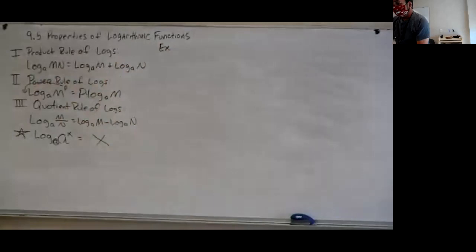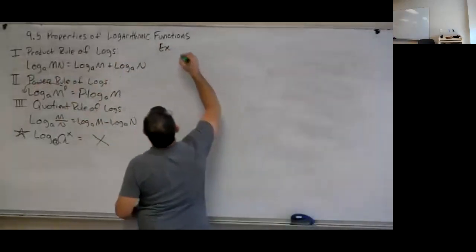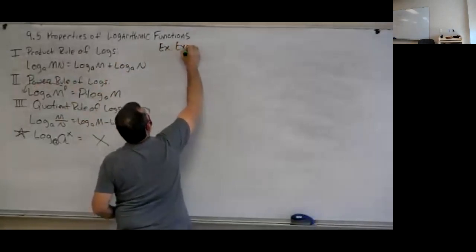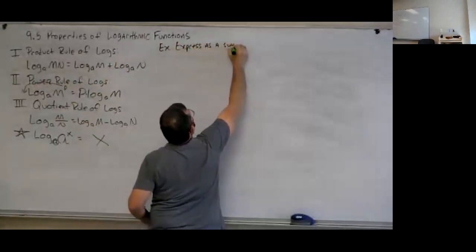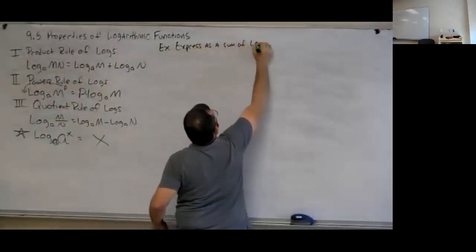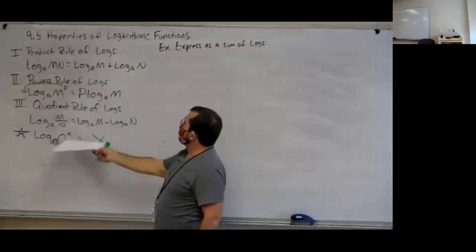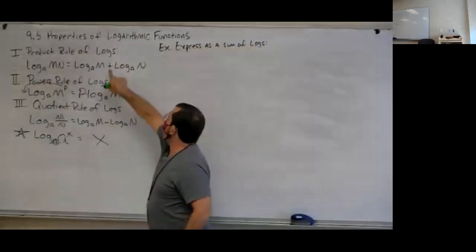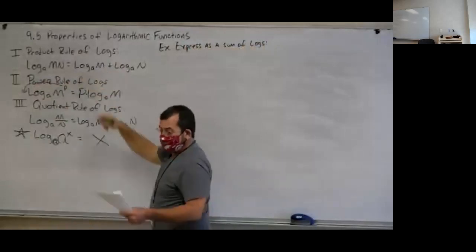So the first couple problems want me to express as a sum of logarithms. Let me look at these. Now, these properties I just gave you, only one of them has anything being added. So it's going to be something that looks like this one, okay?